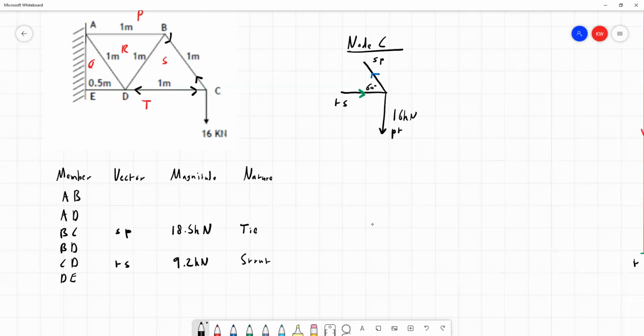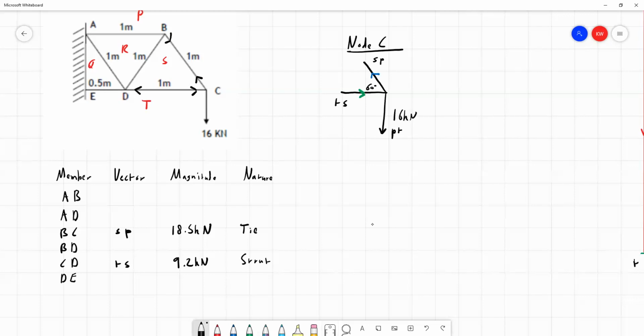So we can now look at node B, because with node B we have two members that we don't know anything about, but we have one member, the member BC, where we now have the direction of the internal force and its magnitude, and this gives us enough to draw a diagram on.